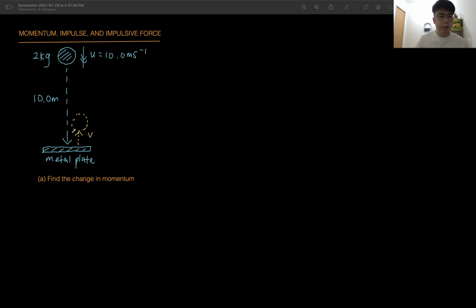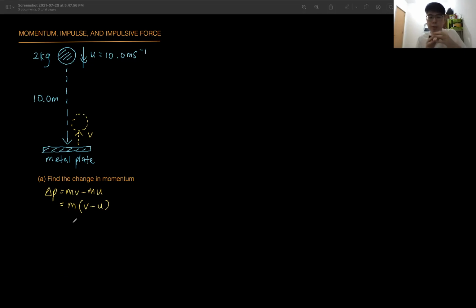Now, to find the change in momentum, we know that the formula is change in p equals mv minus mu. The m is the same, so I can just take it out: m(v minus u). The v is the v after the bounce.